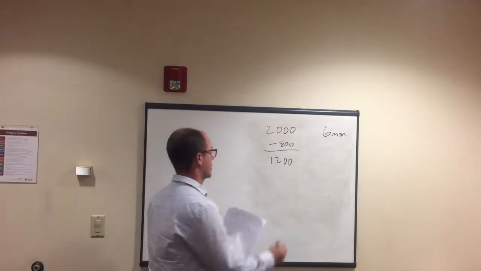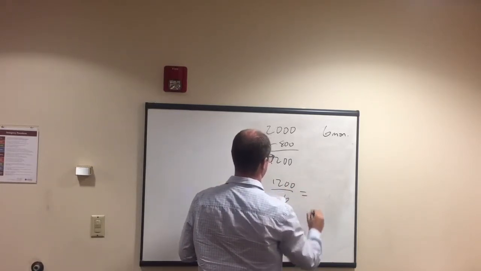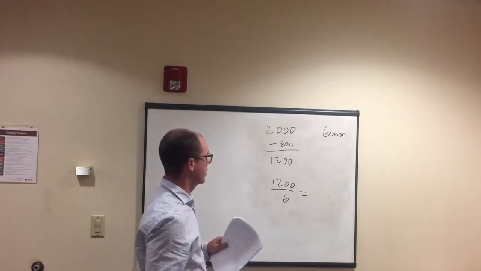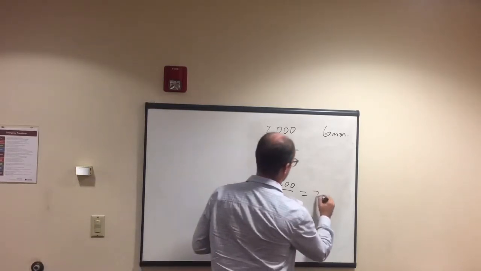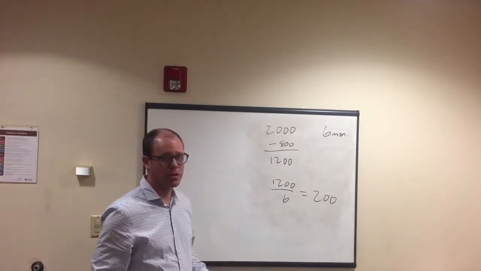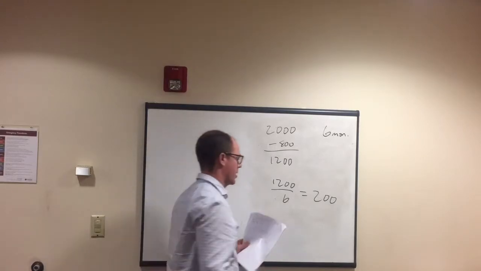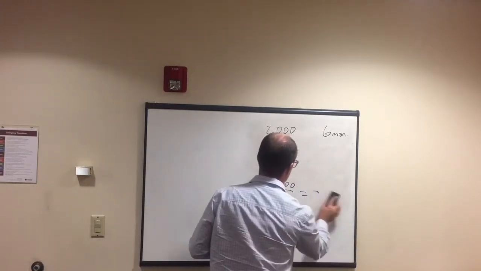So we just divide 1,200 by 6, and that will give us $200 per month. Right? 1,200 divided by 6 is $200. So if we pay $200 a month for the next 6 months, we'll pay off our $1,200, and we'll be good to go with our credit card.